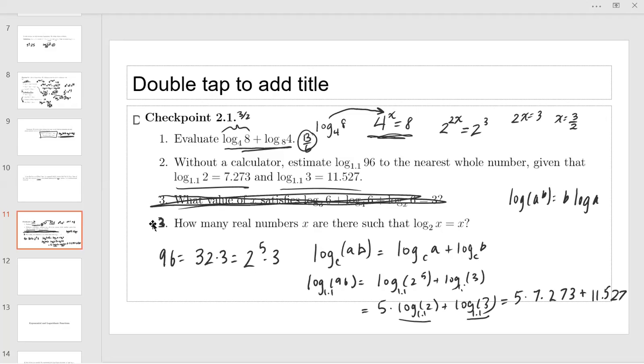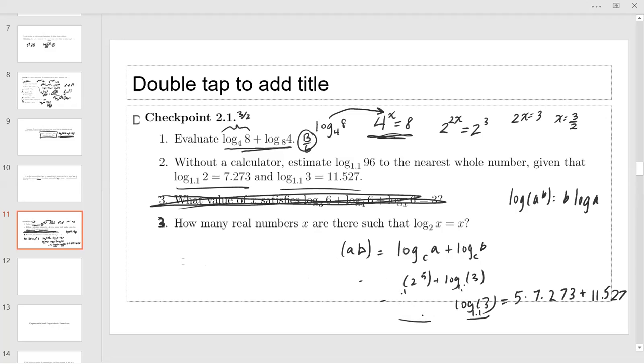And I guess for this part, we can use a calculator, but I'm not going to do the arithmetic right now. Or you can also estimate it to be 5 times 7.2 is about 36, and then plus 11.5 is close to 48. Yep, that also works.